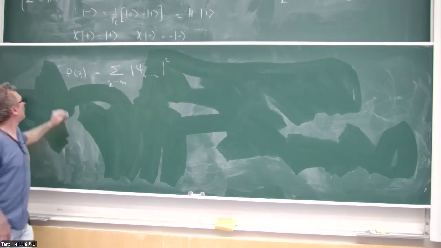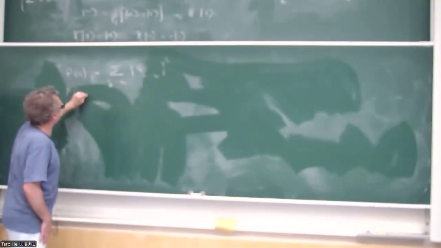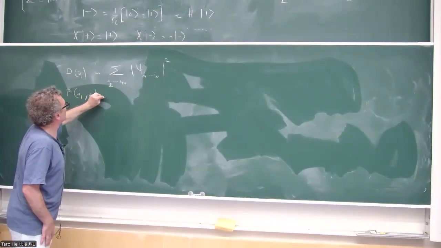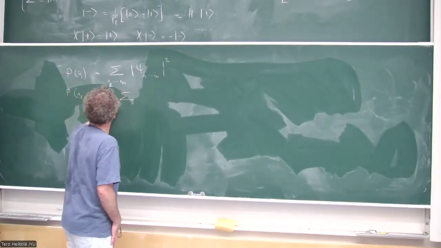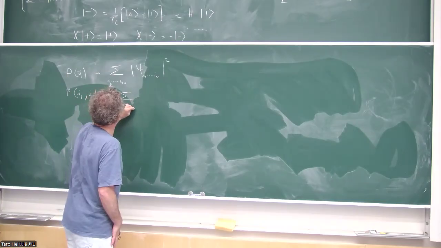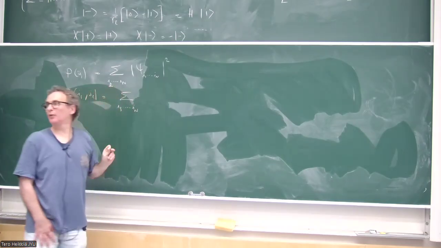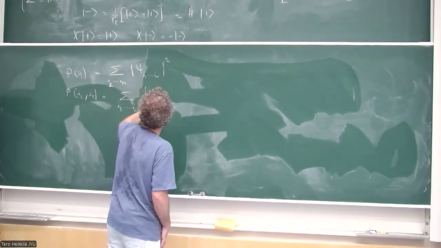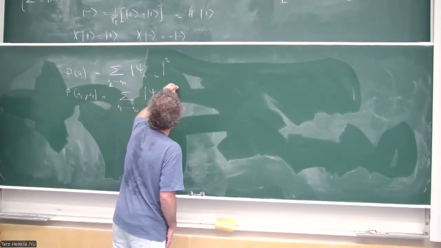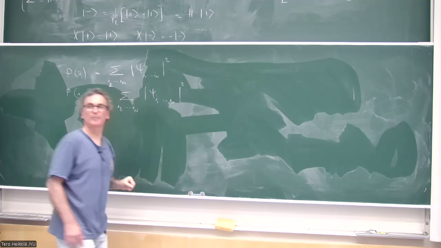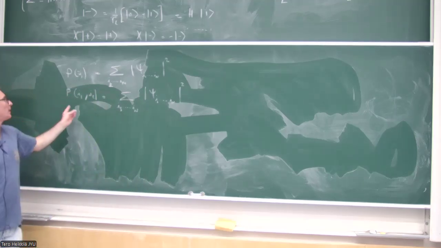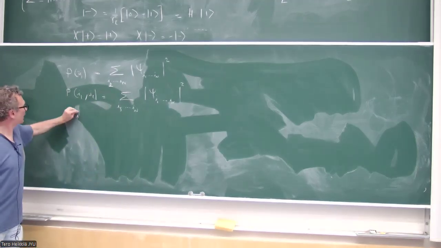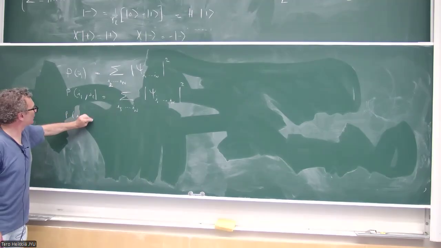And likewise, the probability to get i1 and i2 is the same formula, but now I sum only over the last indices, I don't sum over the first two. And the same thing for P of i1, i2, i3.